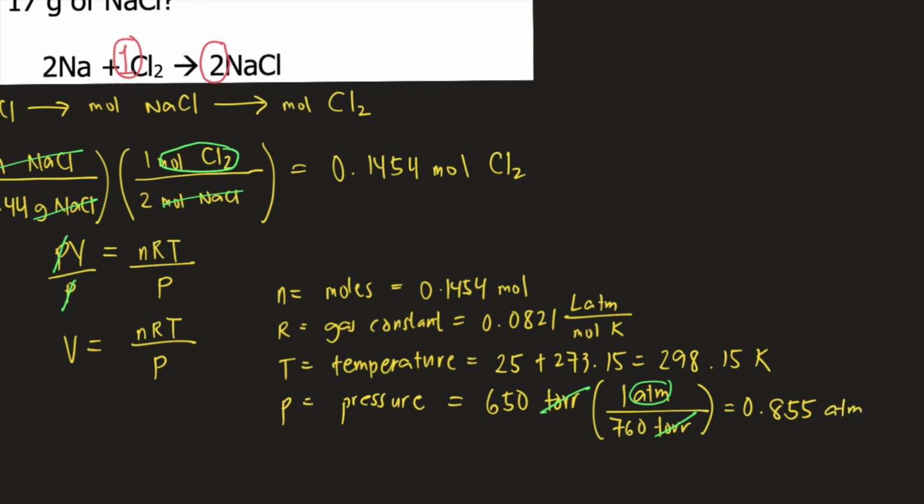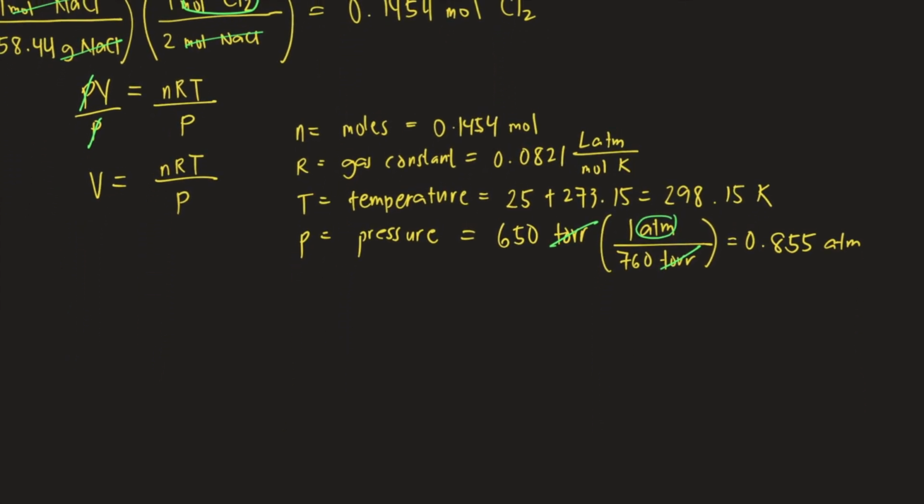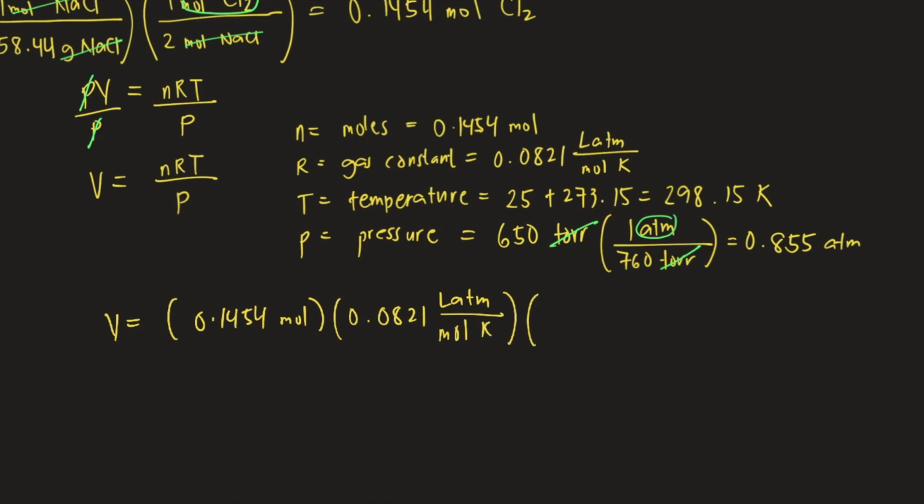So now that we have all the values, we just need to plug this into the equation for volume. So volume is equal to n, 0.1454 moles. R is 0.0821 liter atm per mole K. Temperature is 298.15 Kelvin.